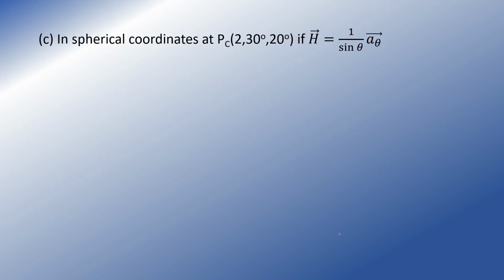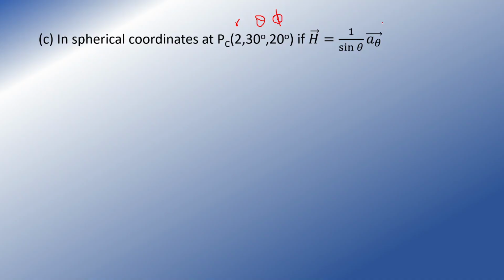The last part of the numerical is with respect to the spherical coordinate system. The points given are 2, 30 degree, 20 degree: r, theta, phi for spherical coordinates.